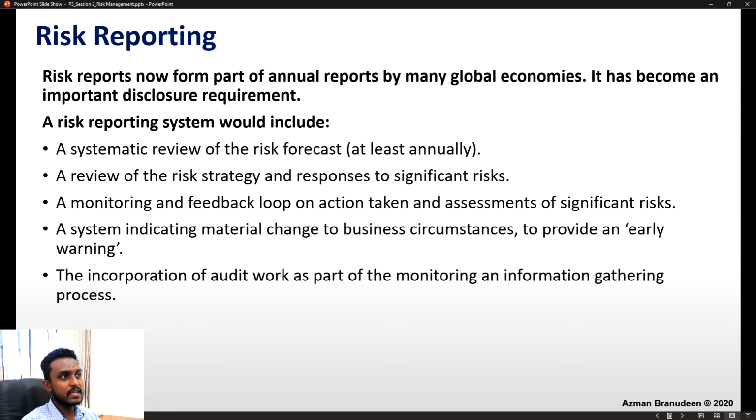So while it is an important disclosure, it also has to provide visibility in terms of all these different perspectives.